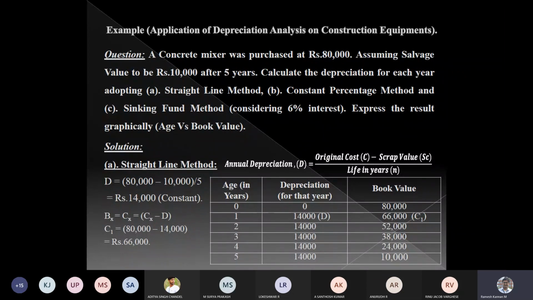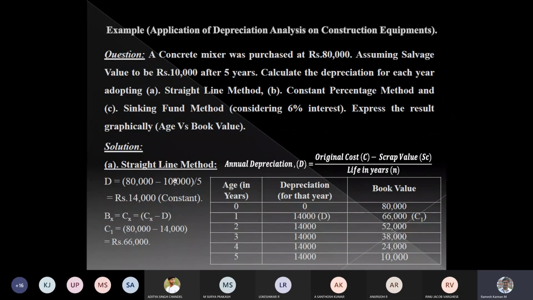Finally, 80,000 minus 14,000 multiplied by 5 gives 10,000, which equals the salvage value. Remember, 80,000 minus 14,000 is 66,000, then 66,000 minus 14,000 is 52,000, 52,000 minus 14,000 is 38,000, 38 minus 14 is 24, and 24 minus 14 is 10, which is the scrap value, right?